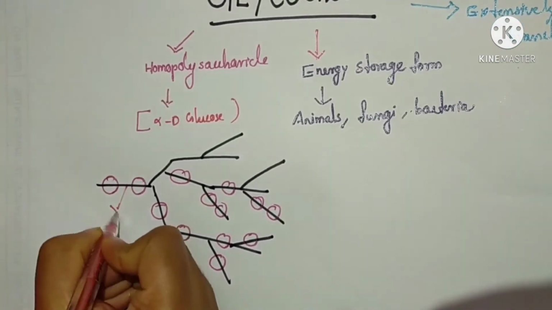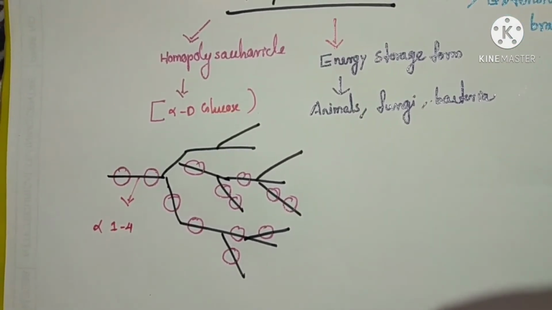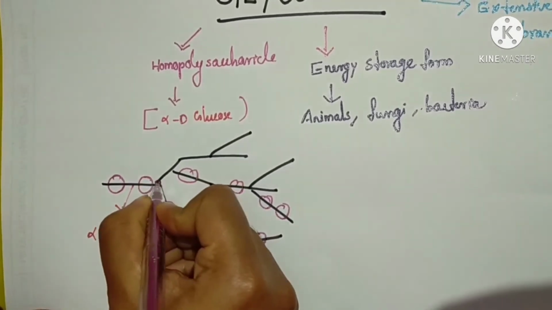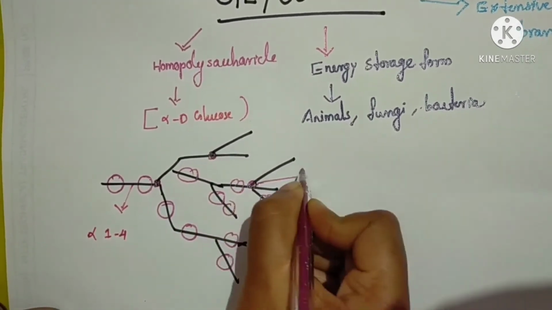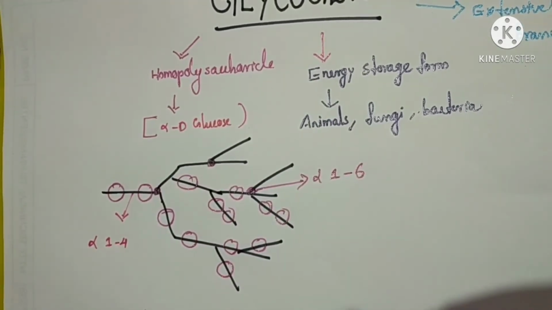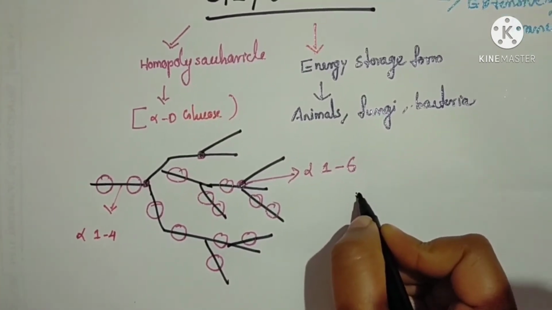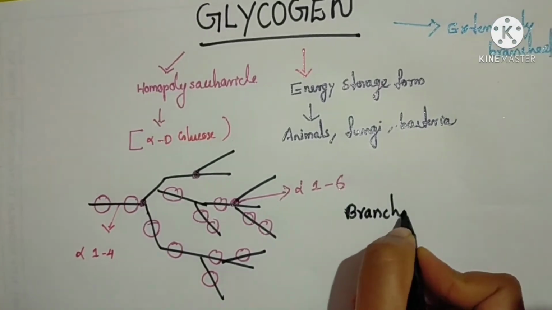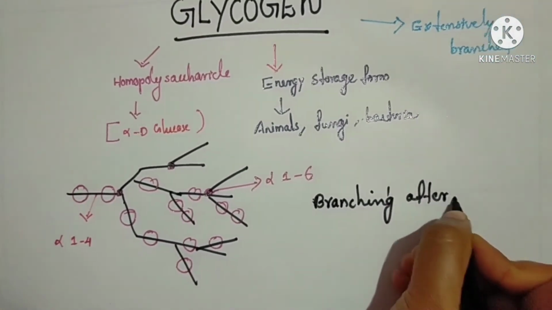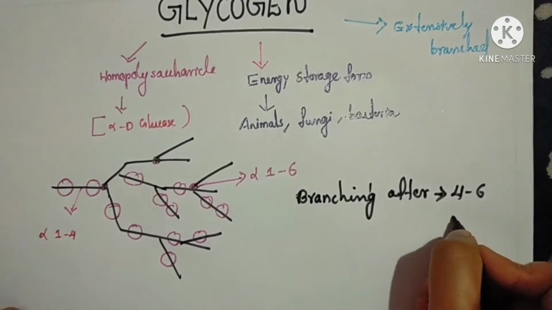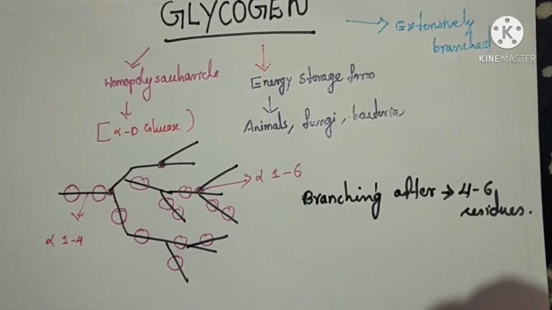Okay. Normally, two glucose residues are linked together through alpha 1,4 linkage, but in the branching point, specifically alpha 1,6 linkage is present. Since glycogen is extensively branched, branching occurs after every 4 to 6 residues.